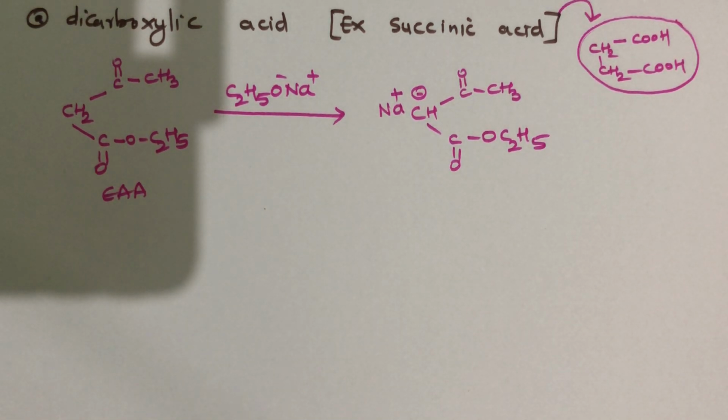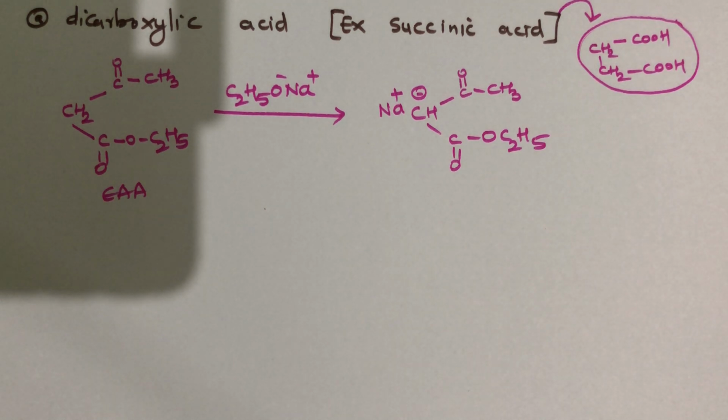Right, now this molecule is treated with bromoethyl acetate. That will give an intermediate that on acidic hydrolysis will give succinic acid.